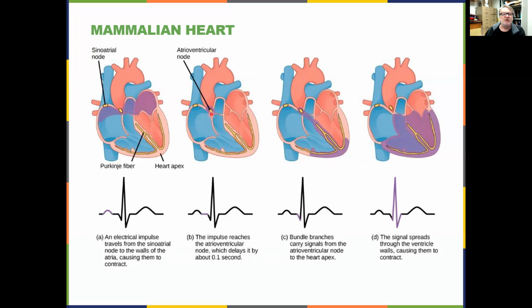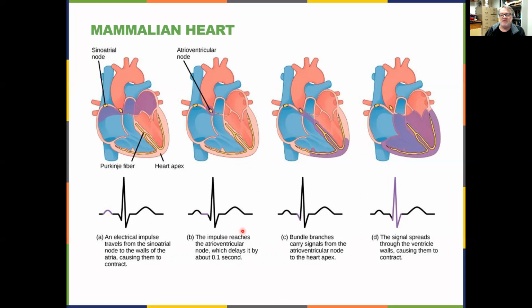It then goes to another node called the atrioventricular node, because this node sits between the atria and the ventricles. It imparts a slight delay of about 100 milliseconds, or 0.1 seconds, so that there's time for the blood to move from the atria to the ventricles.